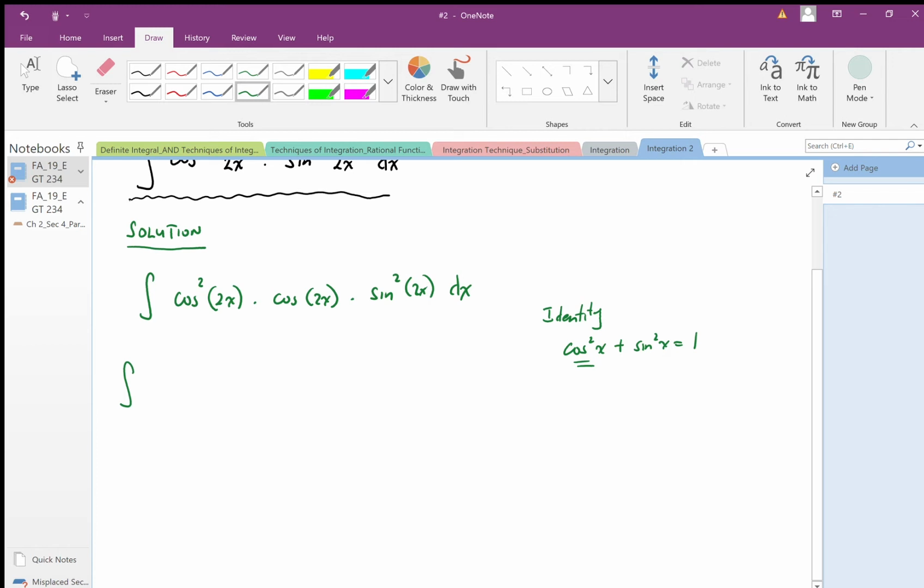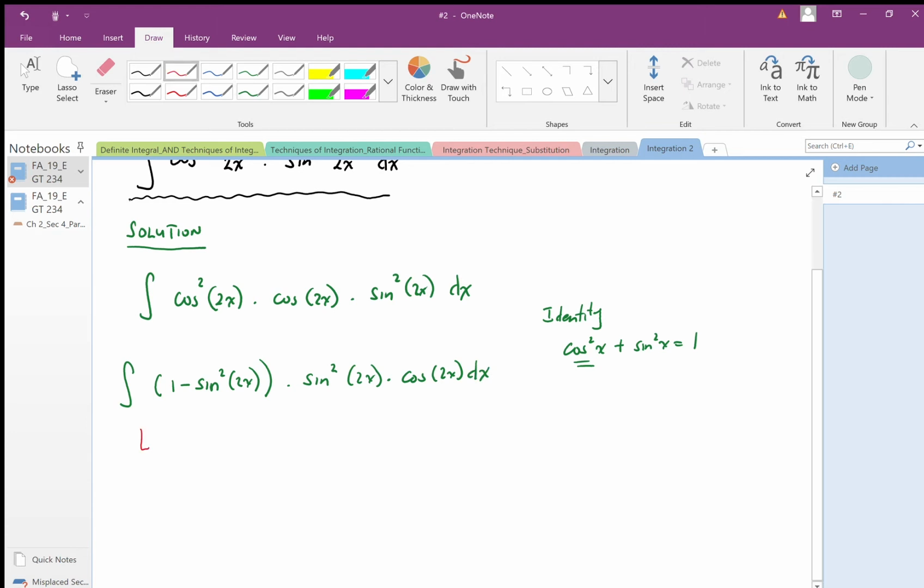So that's going to be 1 minus the sine squared 2x, times sine squared 2x times the cosine 2x dx. That's all I did, just rearrange things.